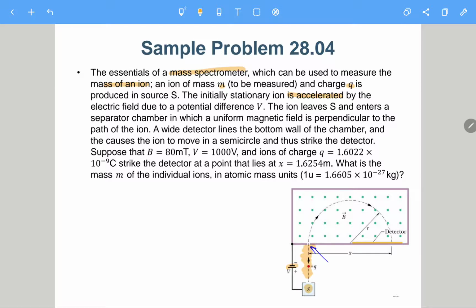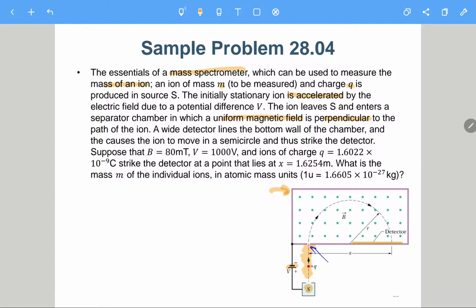So the ion leaves S and enters a separate chamber in which a uniform magnetic field is perpendicular to the path of the ion. So this is the chamber, and inside the chamber we don't have an electric field anymore, but instead we have a uniform B field which is perpendicular to the moving direction of the particle.